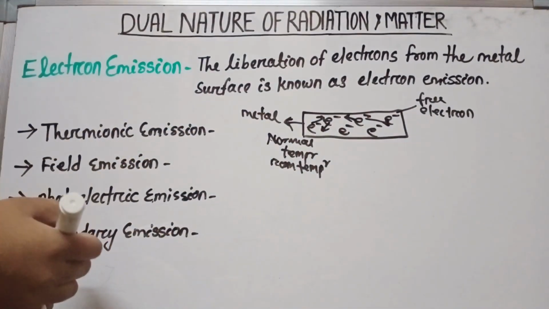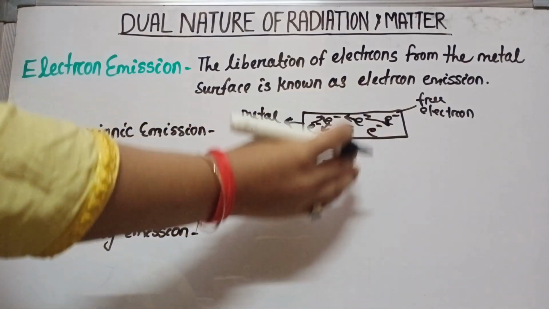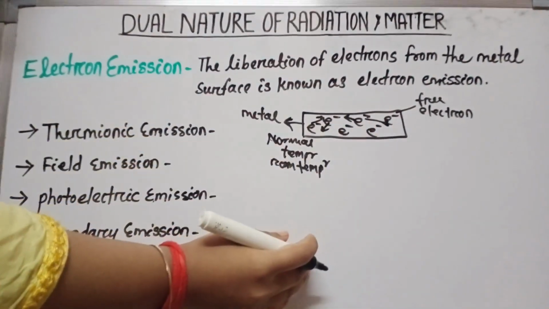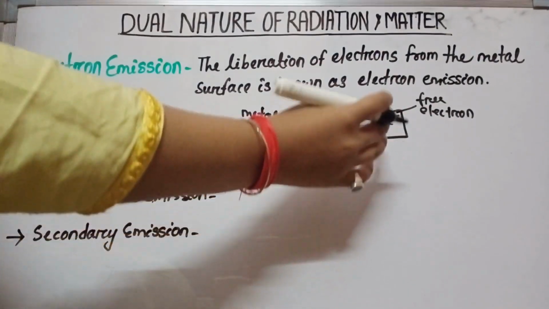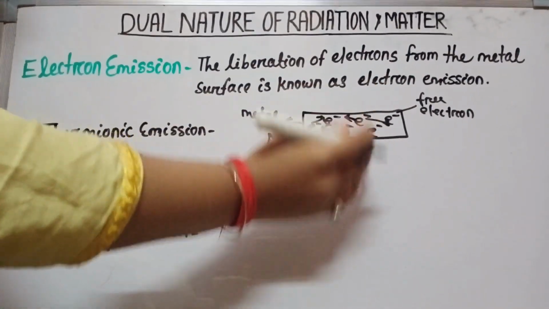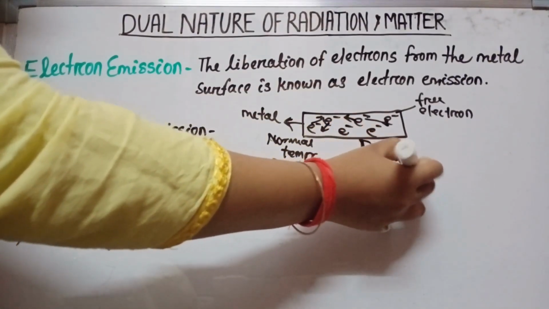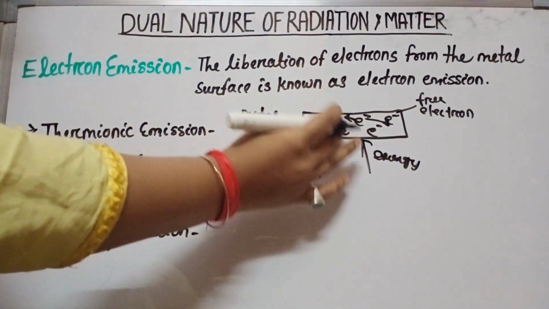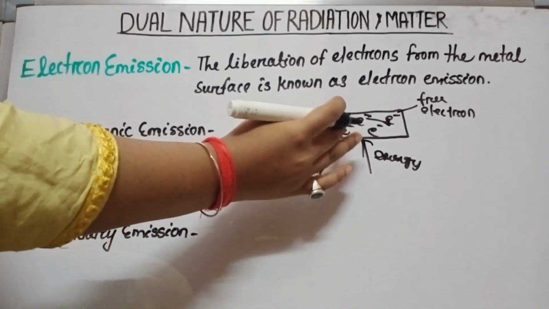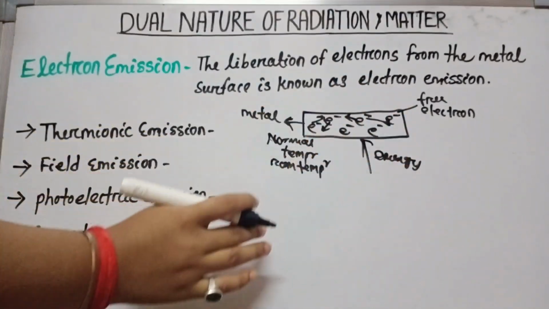Now, as we provide some extra energy to the metal surface, that extra energy may be heat energy or radiation, the extra energy is absorbed by the free electrons and they are able to emit or release from the metal surface.